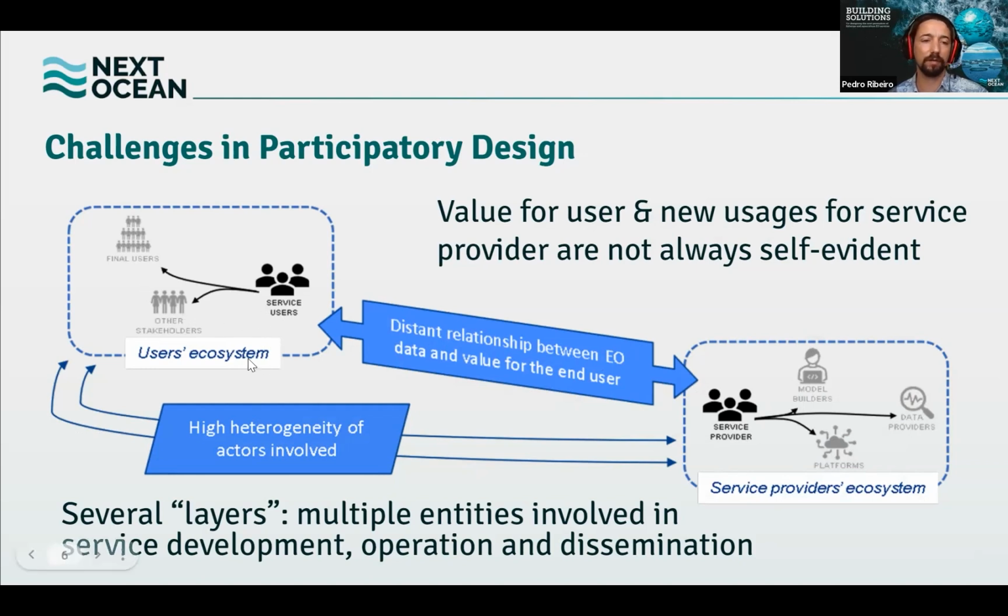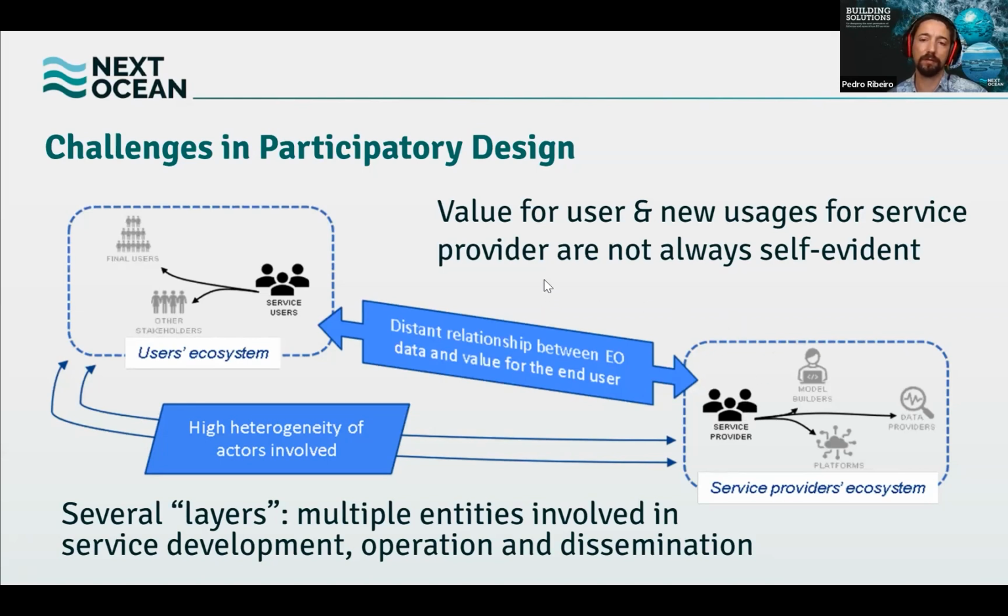Actually, we also have a very complex ecosystem with several layers of users, several different communities here in the users community, distributors of data, aggregators of data. On the service provider side, you also have all the different communities, the builders of algorithms, the providers of data, the providers of infrastructure and platforms. So we have to combine all these different people to try to actually build a new solution. And this is a challenge for sure.